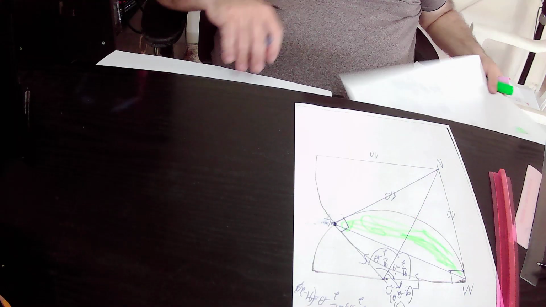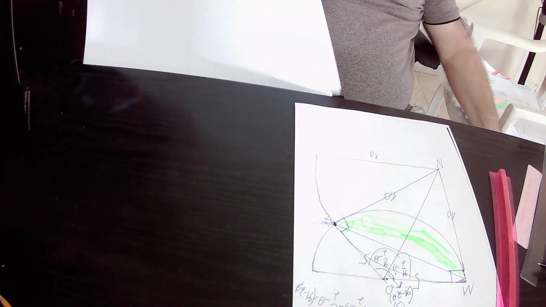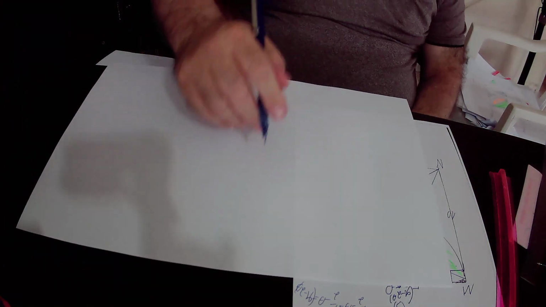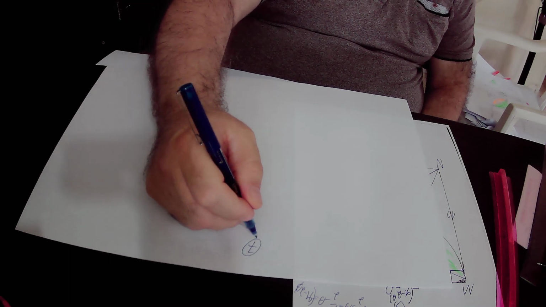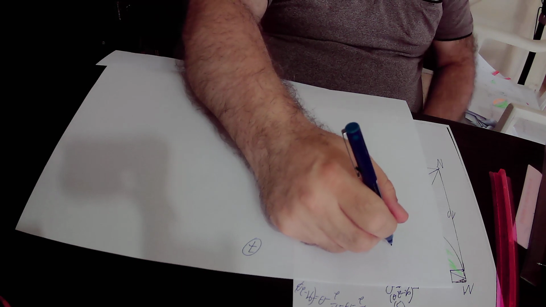And we know that the area of the big lens equals the area of the upper circular segment of the big lens plus the area of the lower circular segment of the big lens. Here, so I'll write it down.